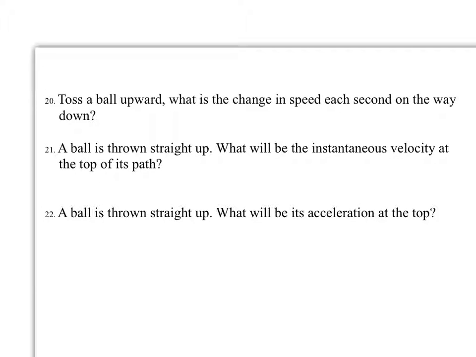Next up, we're going to toss a ball upward again. As that ball falls down, it's going to speed up. That's occurring because gravity is pulling, pulling, pulling, making me get faster. So every single second, gravity is going to increase my speed by that 9.8 meters per second.